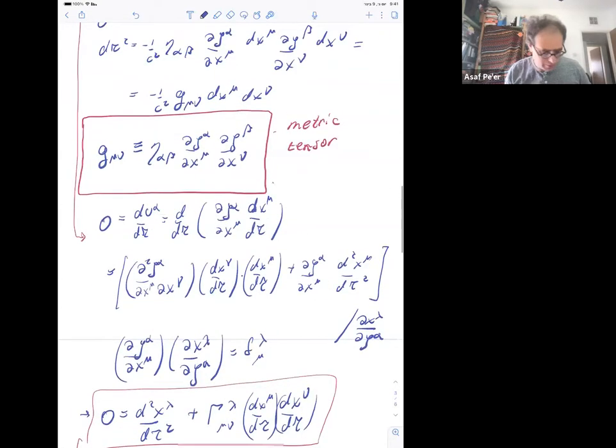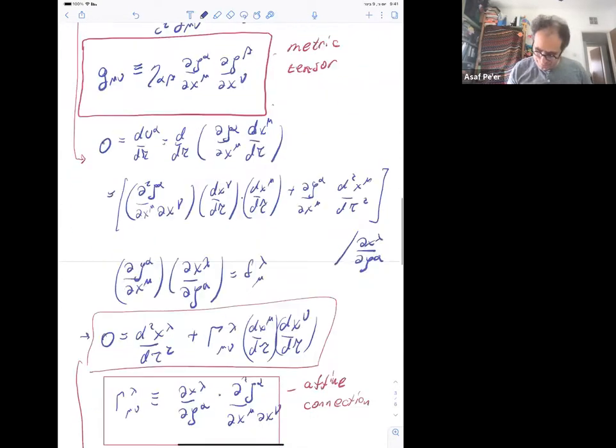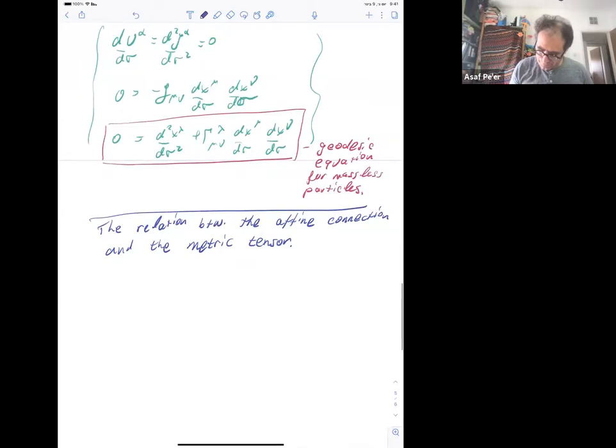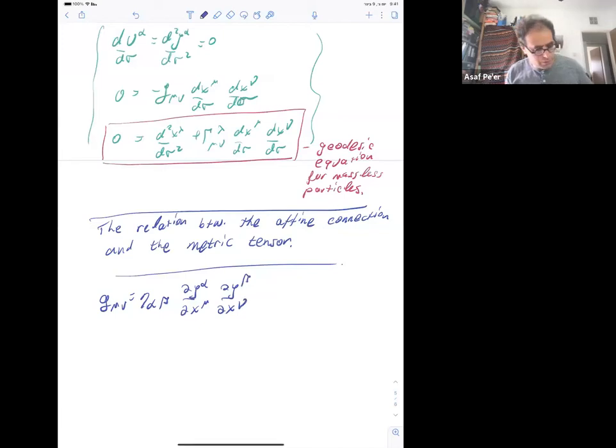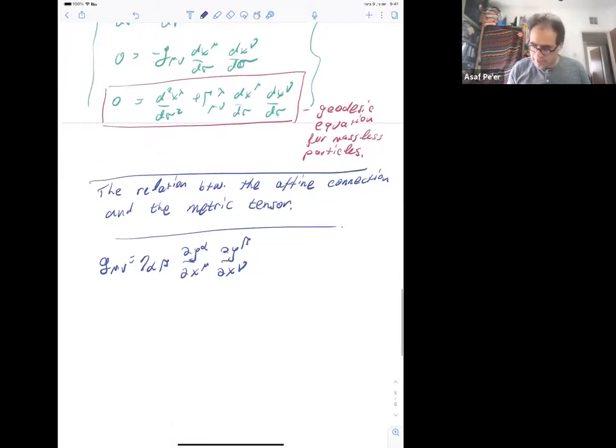Well, I can just write it back there. So g mu nu is just eta alpha beta d psi alpha over dx mu d psi beta over dx nu. Now we're going to take the derivative of that with respect to x lambda, so d over dx lambda.